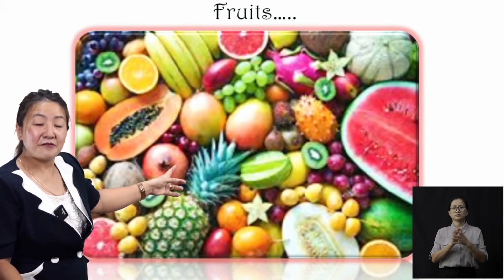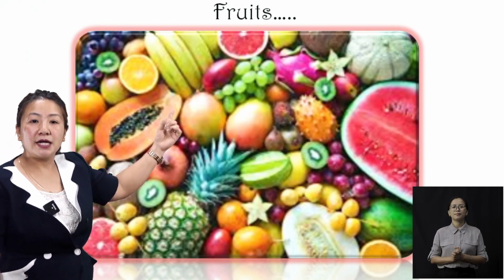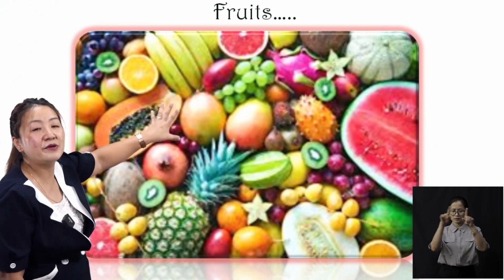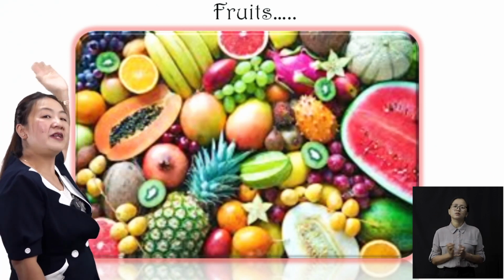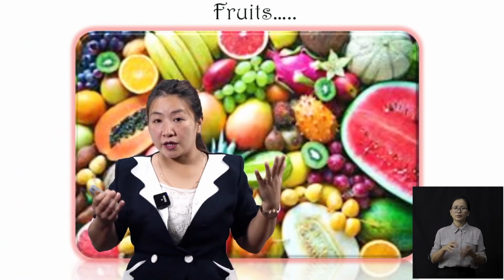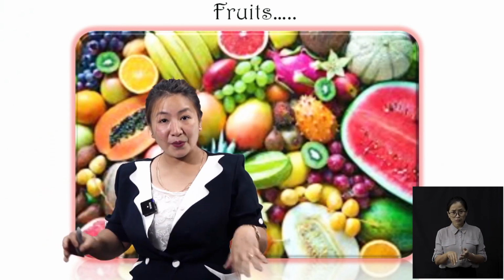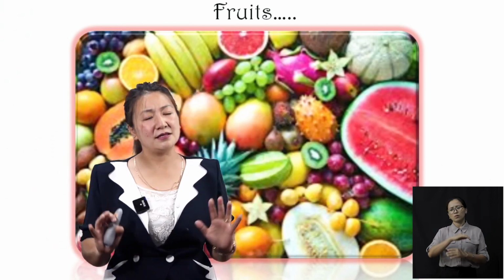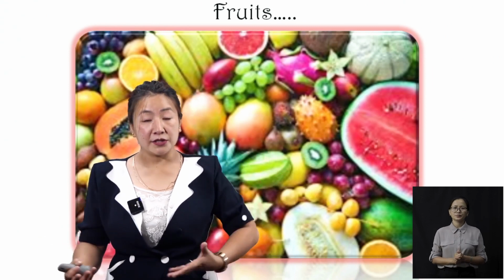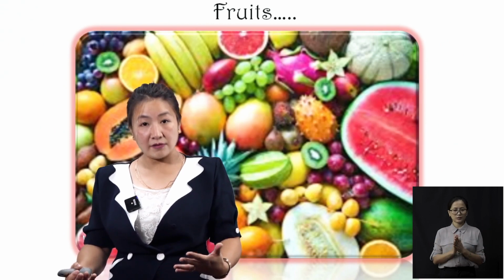Yeah, the fruits. See, the watermelon, the papaya, banana, pineapples, kiwi, so many fruits, as well as vegetables. Where do we get these? Do you get them from the air, just like that? In the soil, no. You get all these yummy goodies from the plants. See, just imagine how much the plants are giving us.